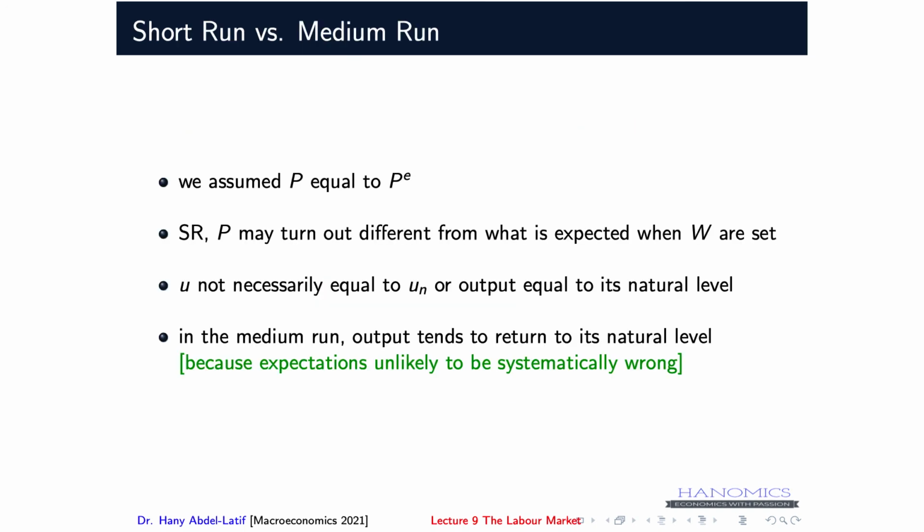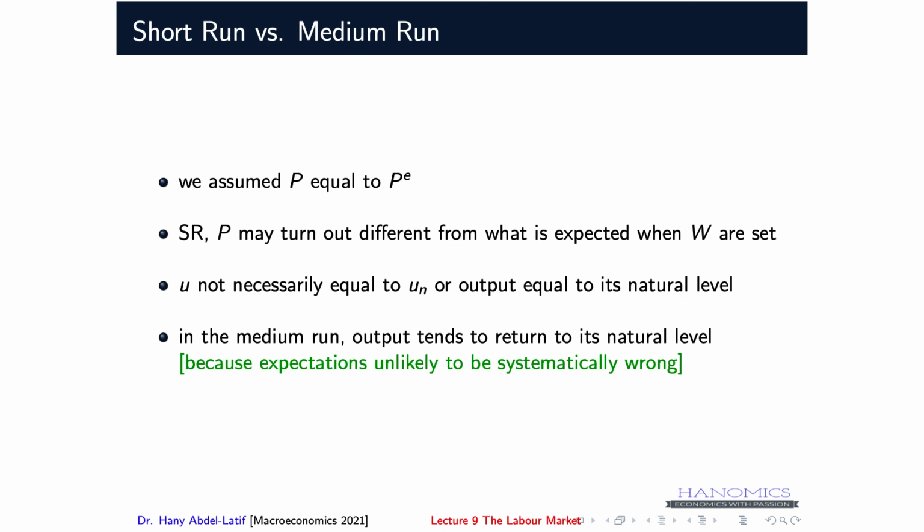What we said so far is that we assume the nominal wage depends on the actual price, rather than the expected price level. This is something we will relax in the next half of the lecture. We'll think about what would happen when the actual prices are not equal to the expected price level.